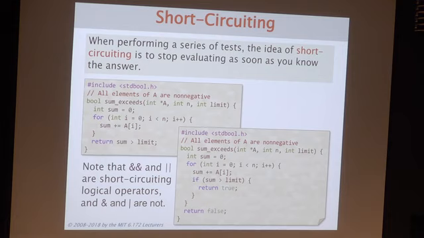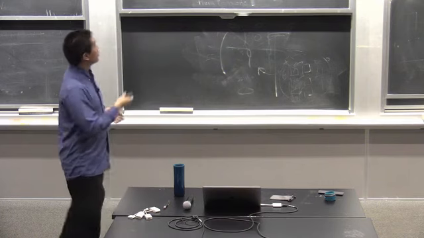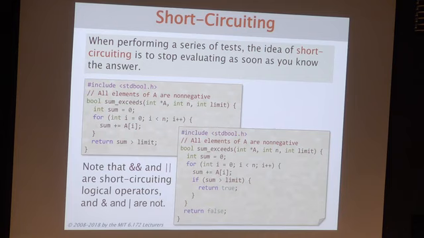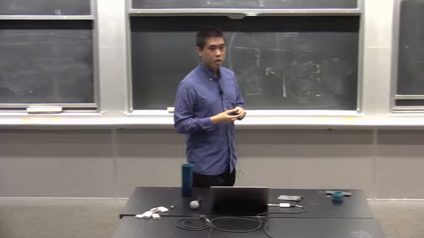If it knows that the left side is true, it knows the whole thing has to be true because OR just requires one of the two sides to be true, and it's going to short circuit. In contrast, if you just have a single ampersand or a single vertical bar, these are not short-circuiting operators. They're going to evaluate both sides of the argument. The single ampersand and single vertical bar turn out to be pretty useful when you're doing bit manipulation, and we'll be talking about these operators more in Thursday's lecture.